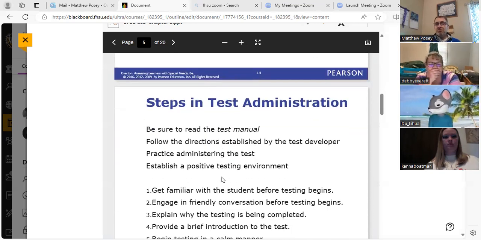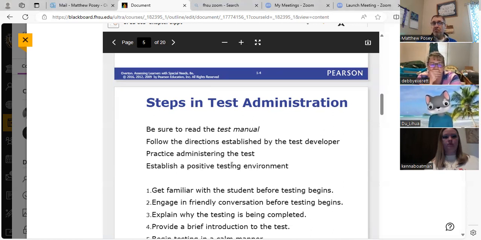When we administer those, you have to follow a lot of strict protocols, Debbie, and I'm sure she's going to go over that with you as well. Particular manuals, we have to follow a specific protocol and steps when we are administering that, so we can make sure that validity and reliability is good. We also have to have a good testing environment that's positive.